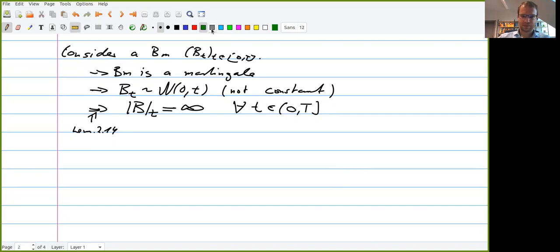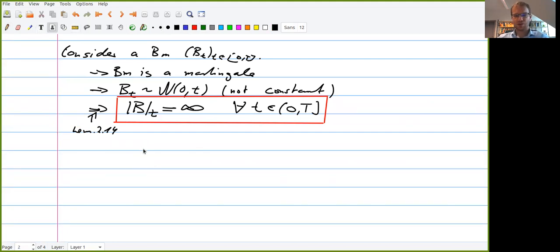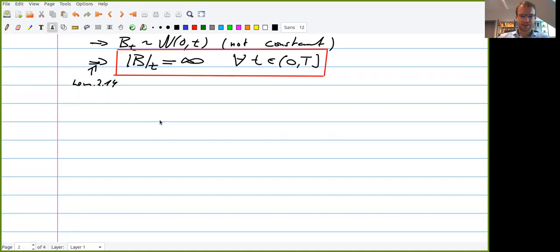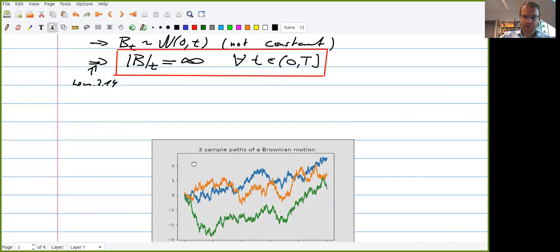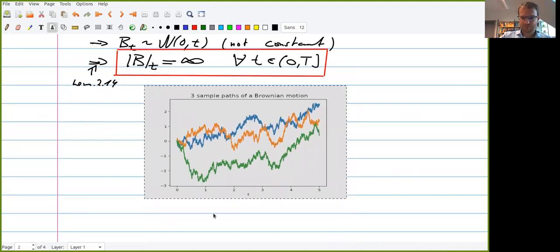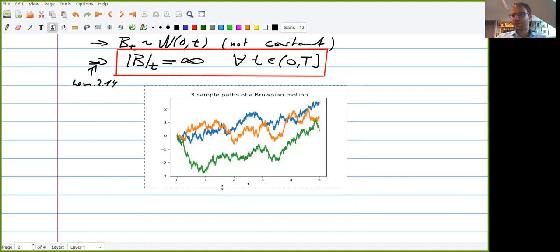Let me make this red so that you don't forget it. How do we see this? This is what we expect, and now we can convince you by showing you some pictures. These are three sample paths of a Brownian motion, so they're certainly not constant.